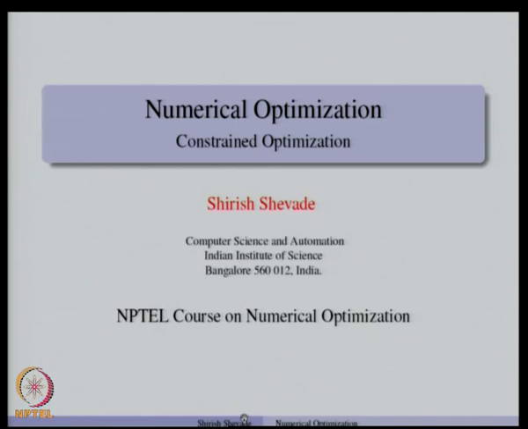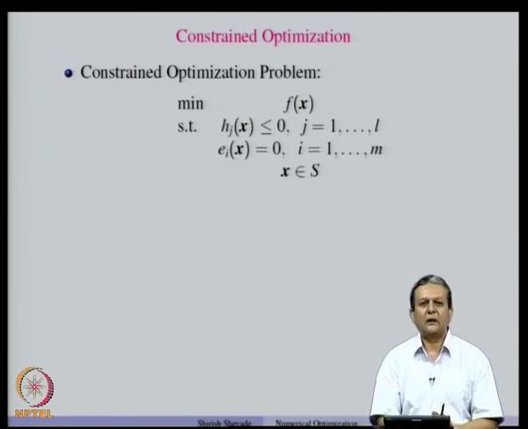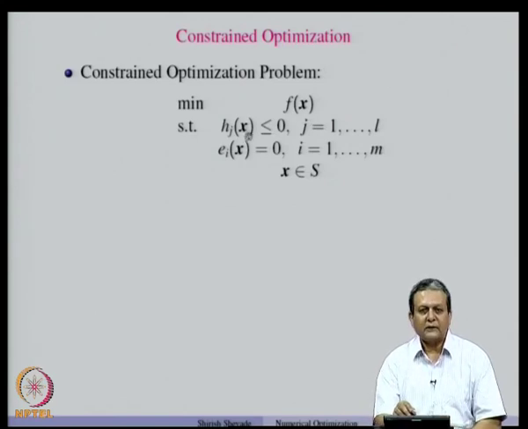As I said, constraint optimization is very important, so let us start looking at a general constraint optimization problem. A typical constraint optimization problem looks like this: we want to minimize the objective function f of x subject to constraints of the type h_j(x) less than or equal to 0.